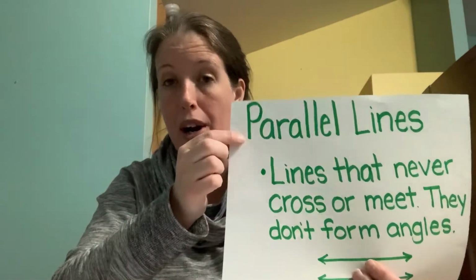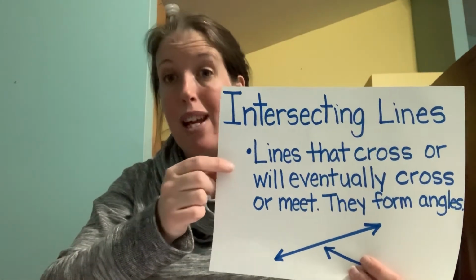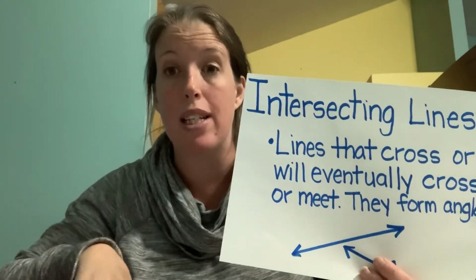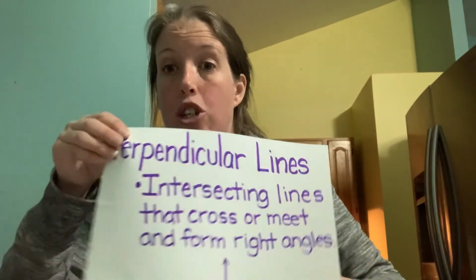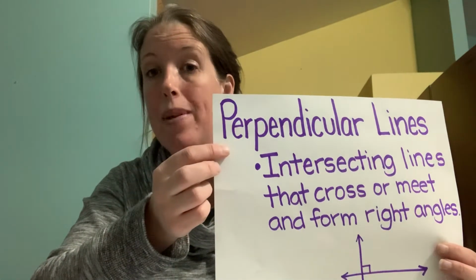Then I'll call them parallel. Or do they cross and meet? Then I'm going to call them intersecting. But if I'm calling them intersecting, I'm going to ask myself one last question. When they intersect, do they create perpendicular lines? Okay? So those are the 3 things we want to be on the lookout for today.